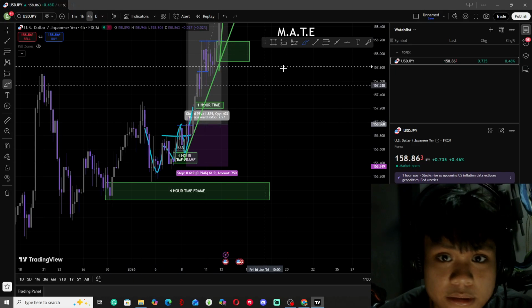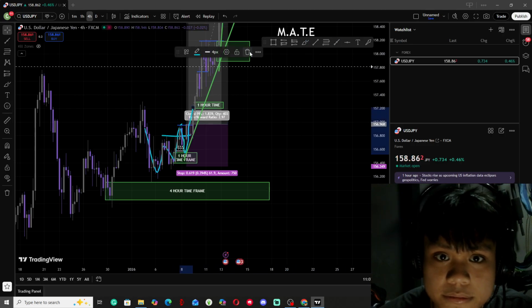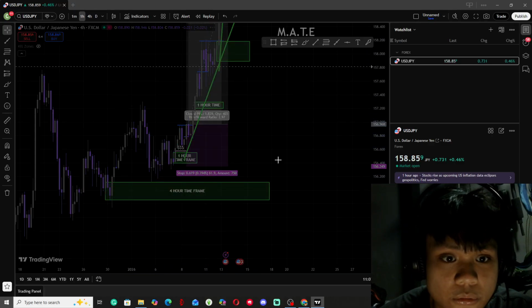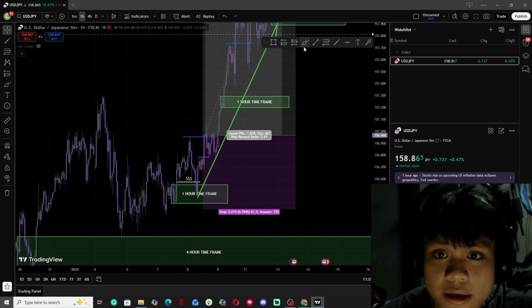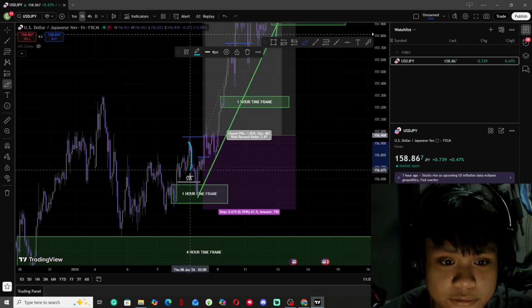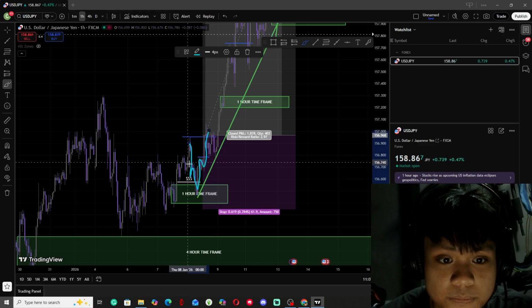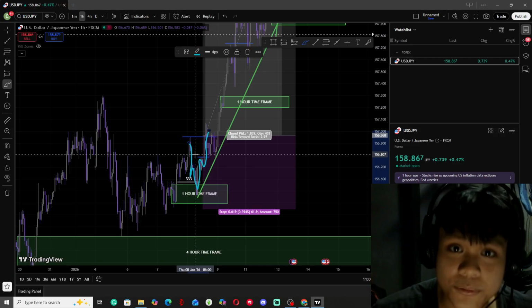Okay, so let's delete this first. Hold on. Let's delete the drawing. Okay, so you can see here from the 1 hour time frame, it broke. And plus there's also another reversal pattern right over here. See? So that's a sign that the trend is uptrending.